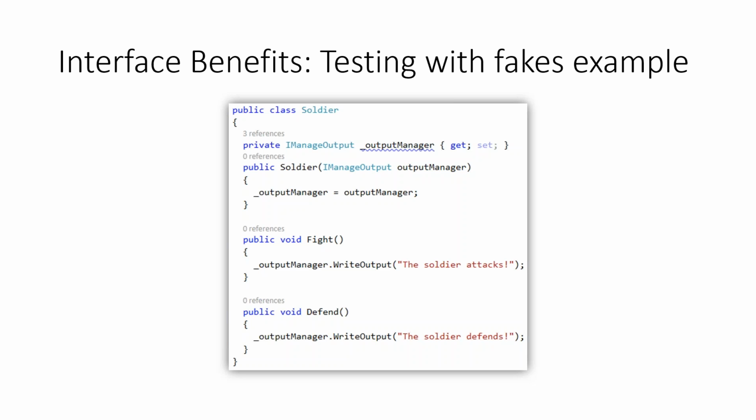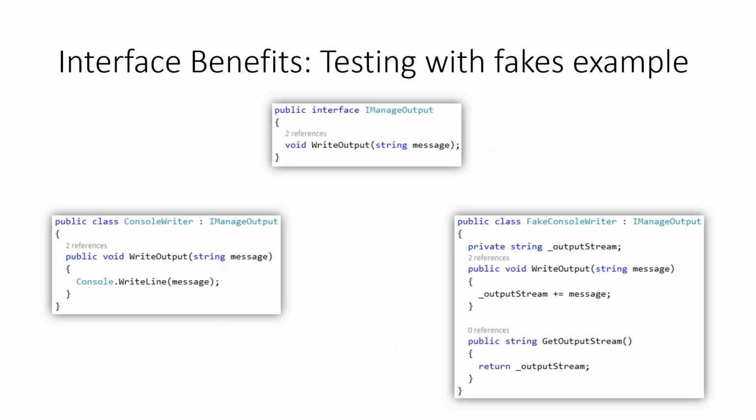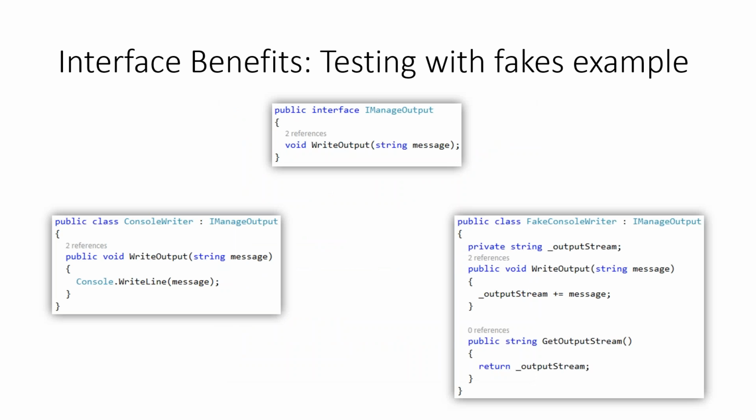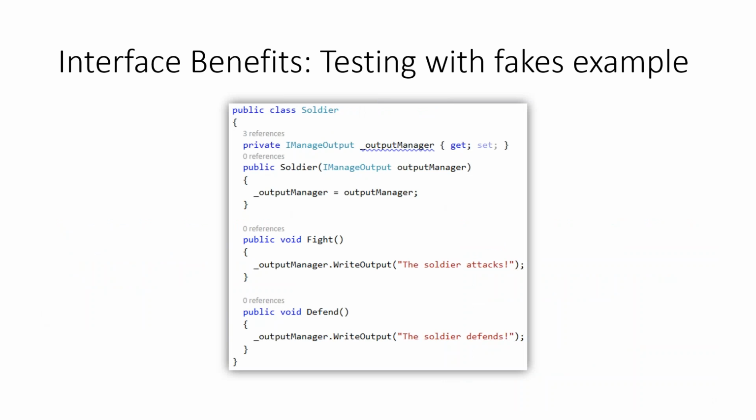You are creating an object that is either a fake console writer or a console writer, but because implementing an interface is an ISA relationship, that means those are both of type IManageOutput. So it's kind of like inheritance where it's an ISA relationship, but you could never say new IManageOutput.